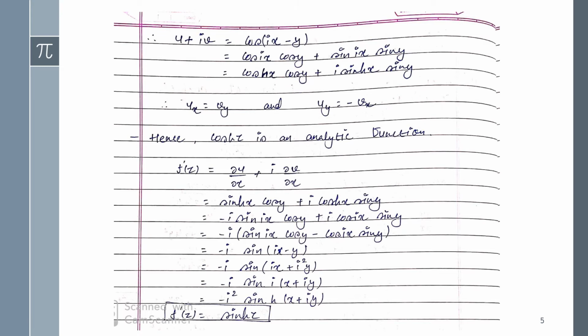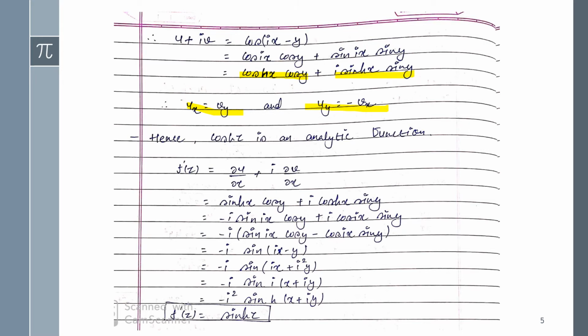Now you have the real as well as imaginary parts. This is your real part and this is your imaginary part. Based on this, you have to check whether the CR conditions are satisfied or not, and here I have directly written that your CR conditions will definitely be fulfilled.